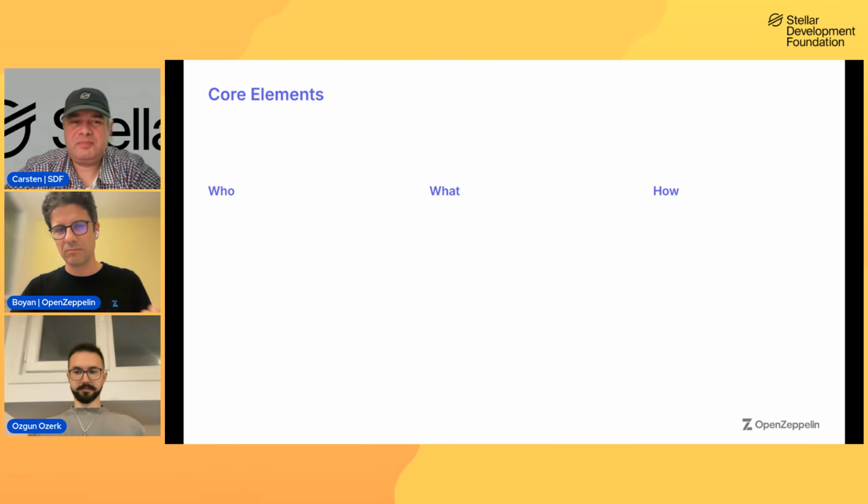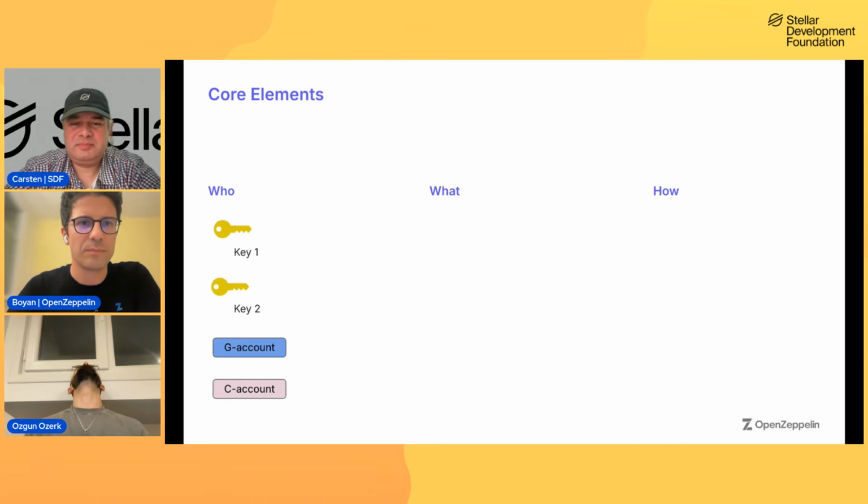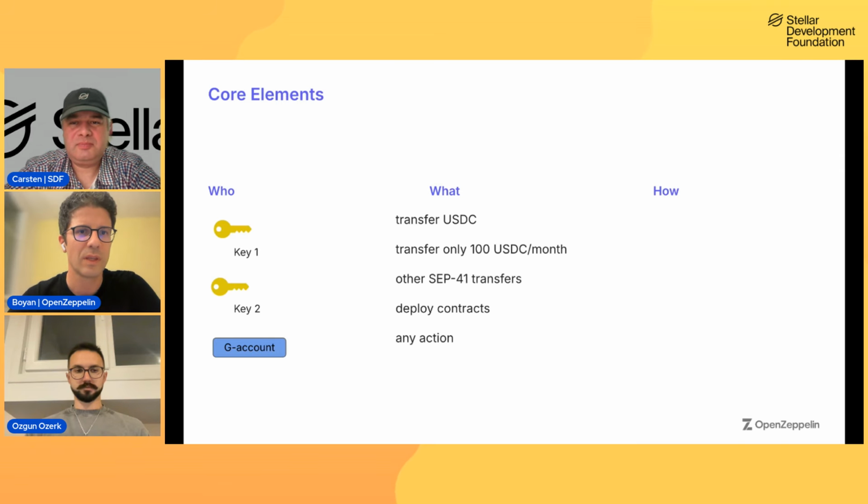We can define who is allowed to act, what they are allowed to do, and how those permissions are enforced. Who is allowed to act? This might be already clear. Those could be keys from different cryptographic curves, also G accounts, C accounts.